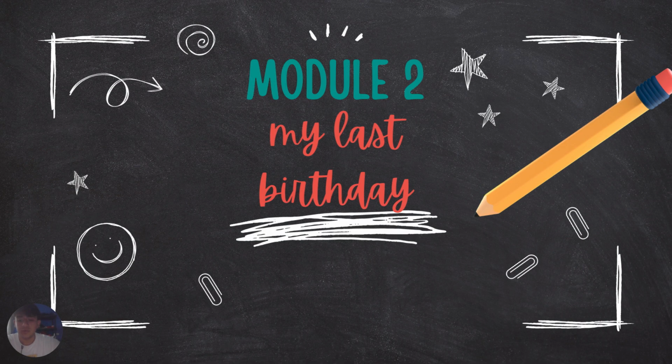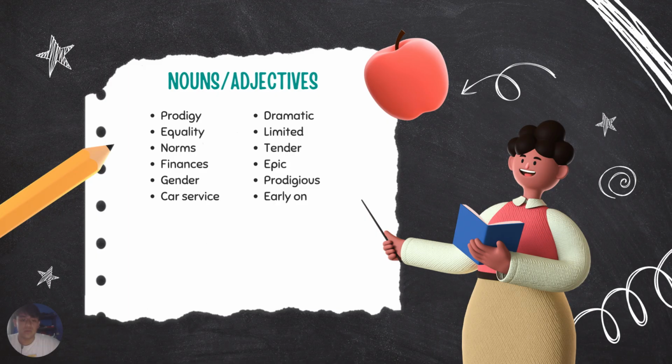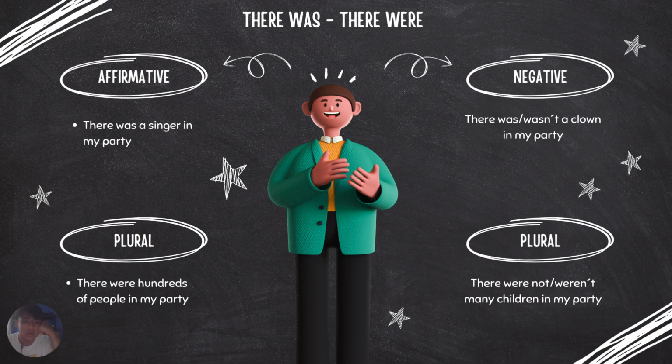In Model 2, we describe past events using there was and there were. For example, if I have a party, I could say there was a singer in the singular, or in the plural, there were 100 people at my party.